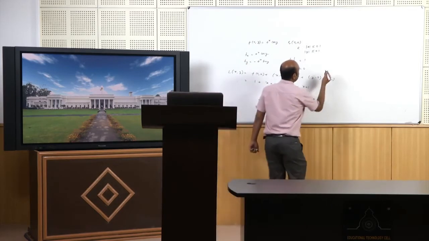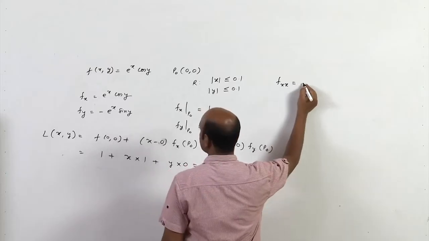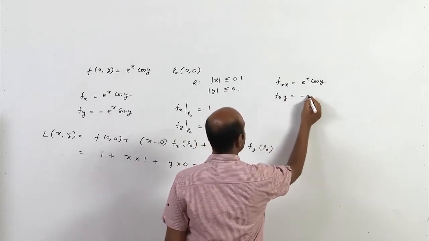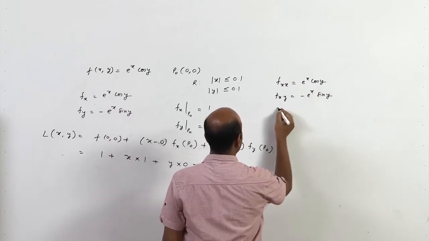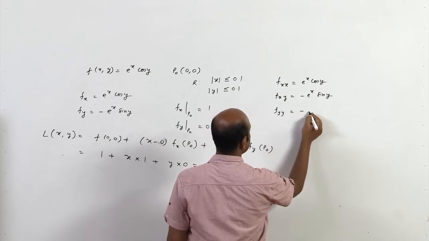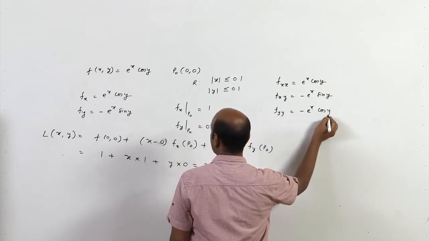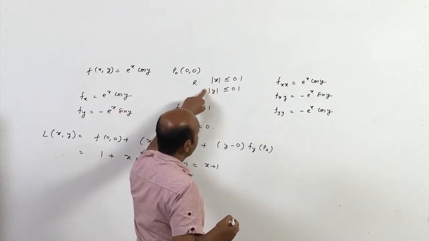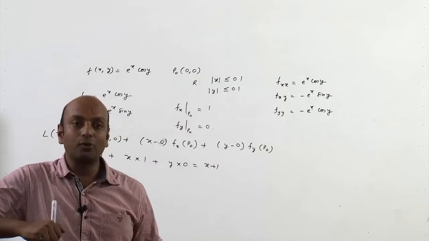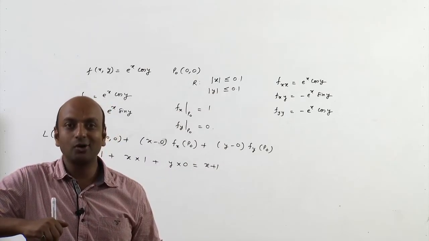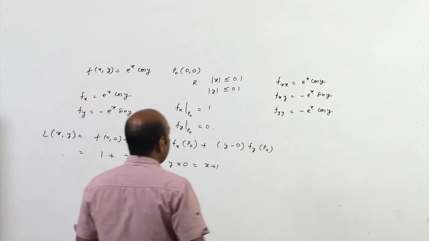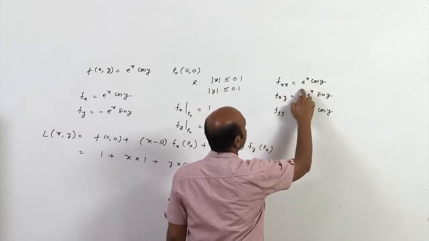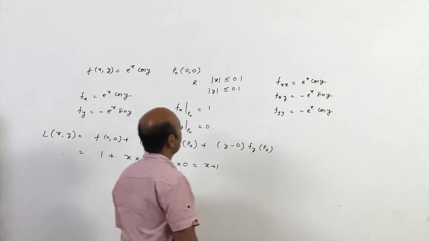So, first we find f_xx. f_xx is e raised to power x cos y, f_xy is minus e raised to power x sin y and f_yy is minus e raised to power x cos y. Now, in this region you see the maximum value of |cos| or |sin| is always 1 and it will attain maximum when x is 0.1.